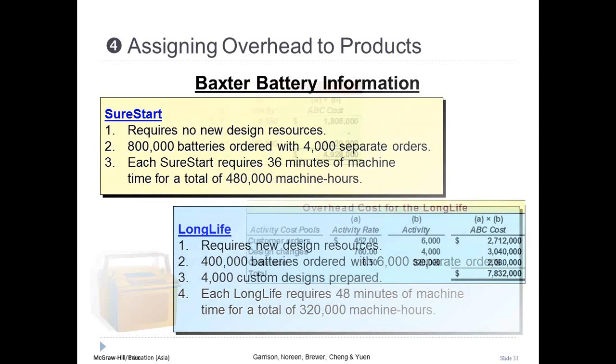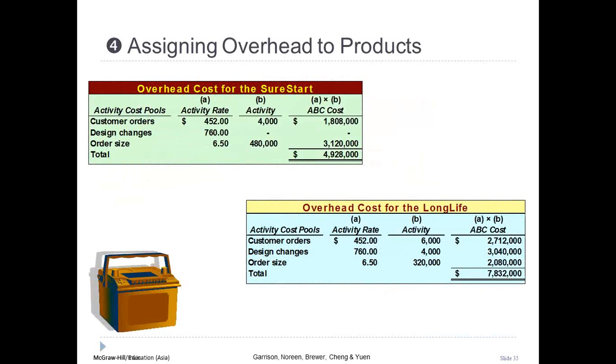The overhead cost assignments to Sure Starts and Long Lives are shown here. Notice that the total overhead costs assigned to Sure Starts and Long Lives are $4.9 million and $7.8 million respectively, for a total of $12.7 million assigned to the 2 products.